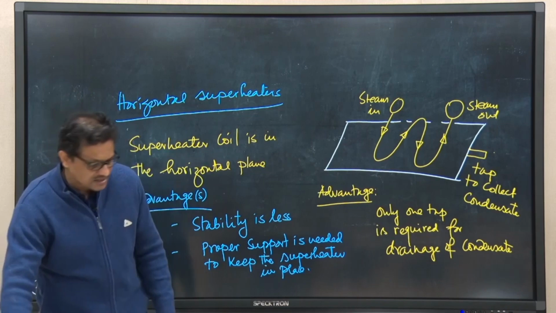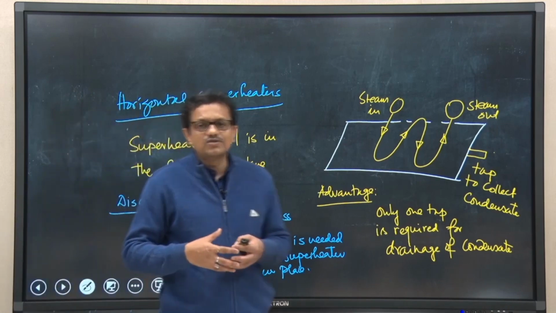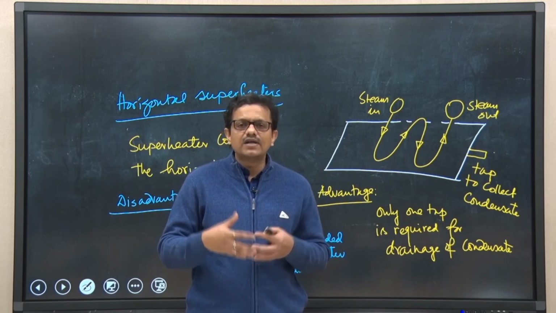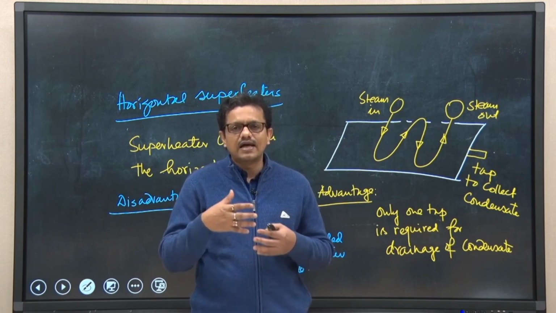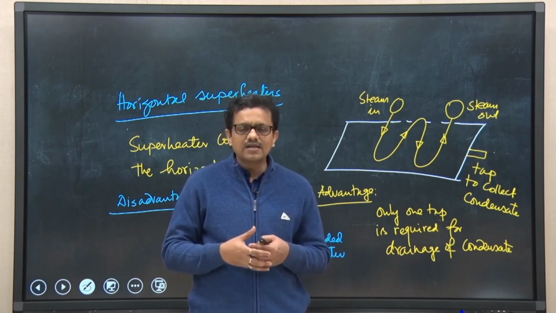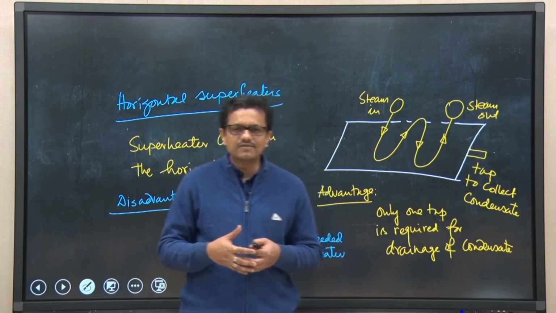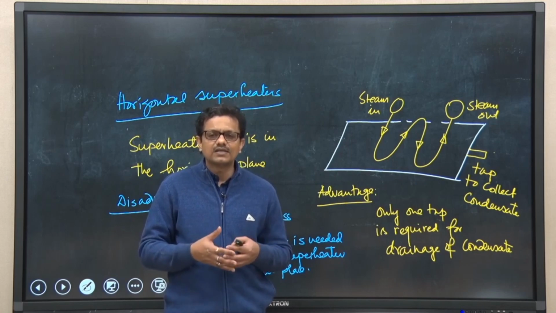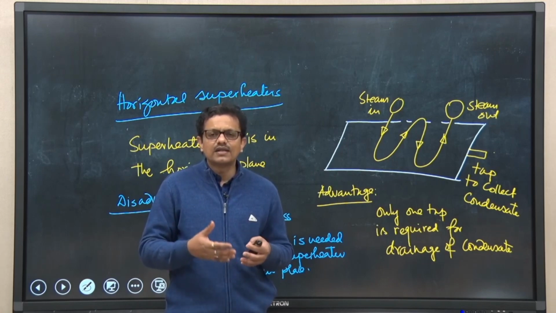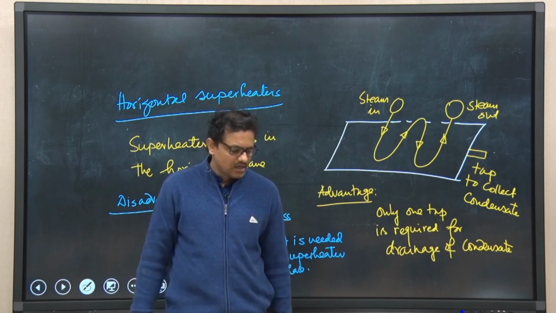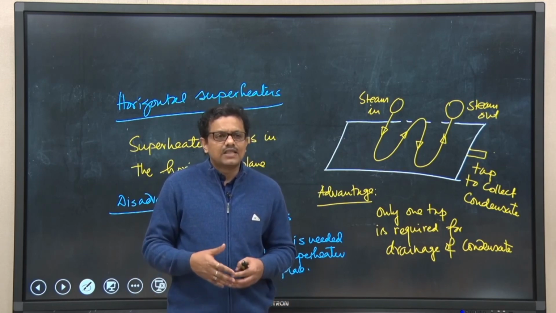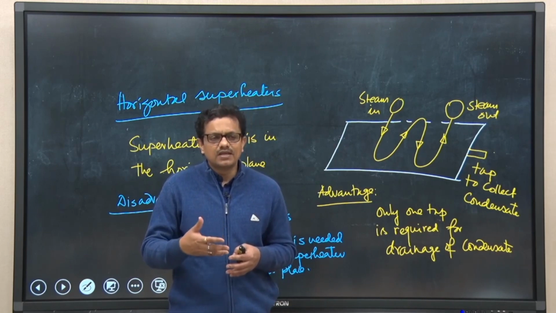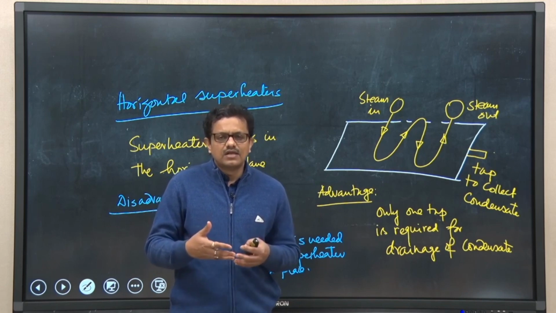To summarize today's discussion, we have discussed superheater classification, depicting the schematic diagrams of different types of superheater, along with their advantages and disadvantages. Fundamentally, superheaters can be classified based on the modes of heat transfer, but depending on the flow configuration and arrangement, we can also classify them into subcategories.